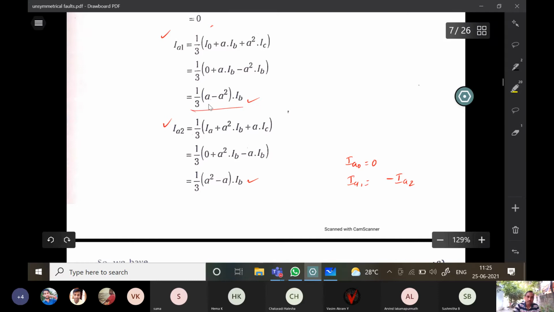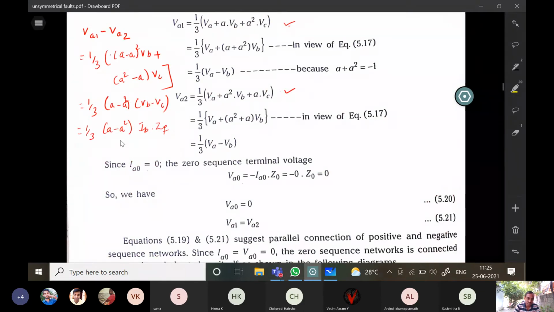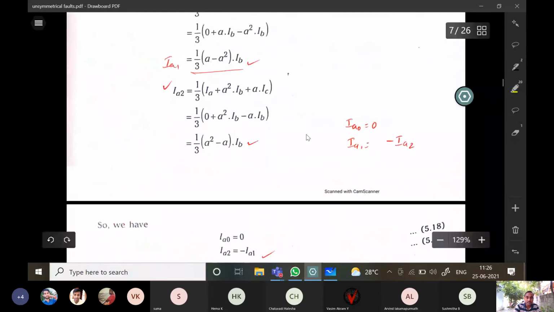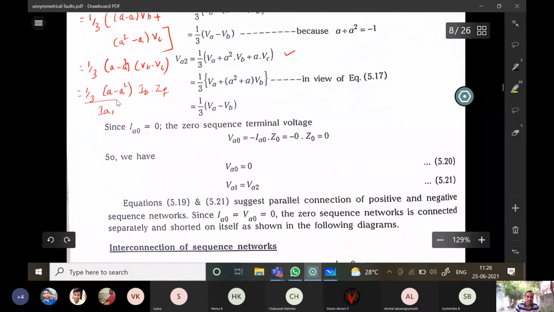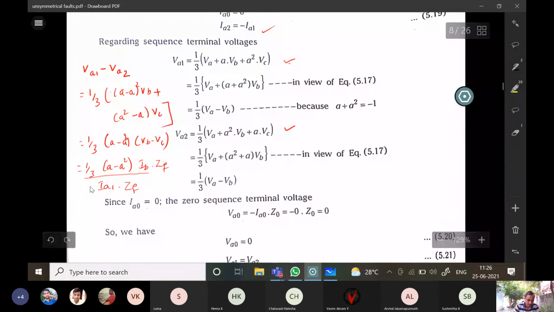So look here: this is equal to IA1. 1 by 3 times of A minus A square into IB is equal to IA1. This complete term is equal to IA1 multiplied by ZF. This gives VA1 minus VA2.